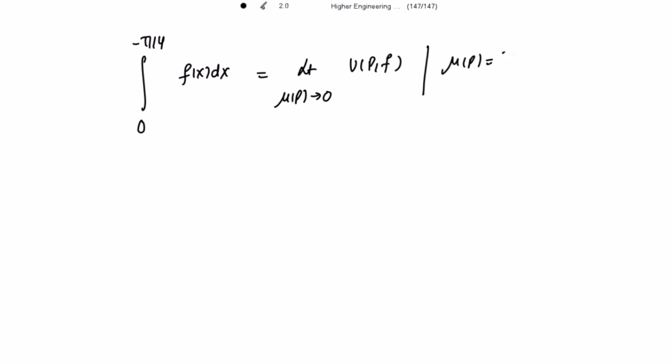So let's calculate the upper Riemann integral now. That is equal to the limit as mu p tends to 0 of the upper Riemann sum, where this mu p is equal to pi by 4n. And if mu p is tending to 0, n is tending to infinity. So this is equal to the limit as n tends to infinity of the upper Riemann sum.